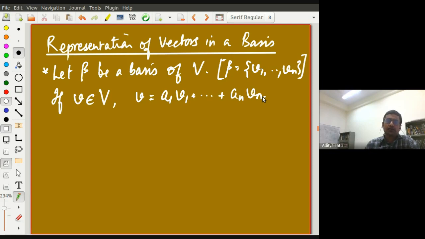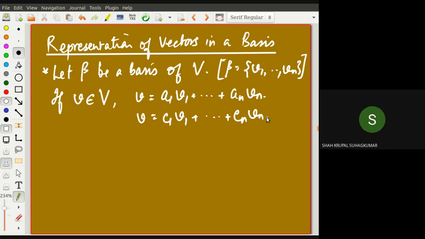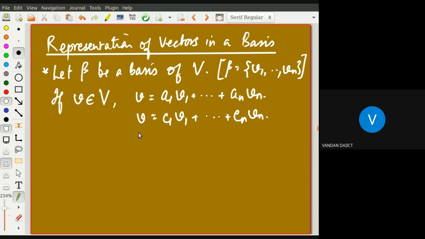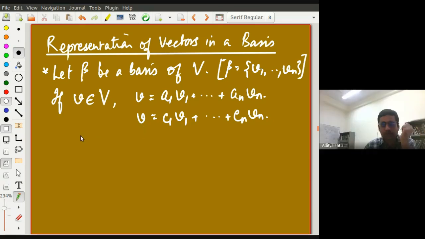Now, is it possible to write v also as some different linear combination of the same elements? No, sir. Why? If it's true, then v1 to vn are not linearly independent. Exactly.